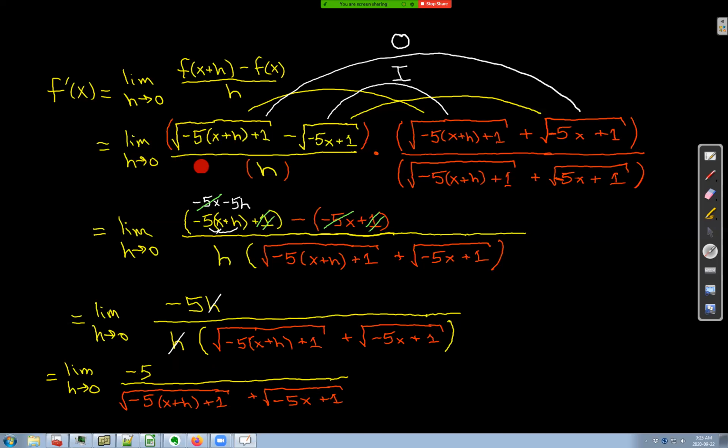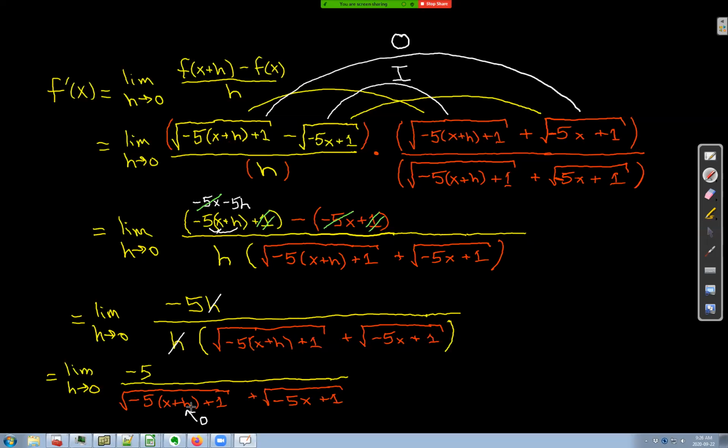So we tried that at the beginning and it didn't work. We tried plugging in h is equal to 0 at the beginning, but that didn't work. But now it will work. If I now plug in h is equal to 0, that's the only one.